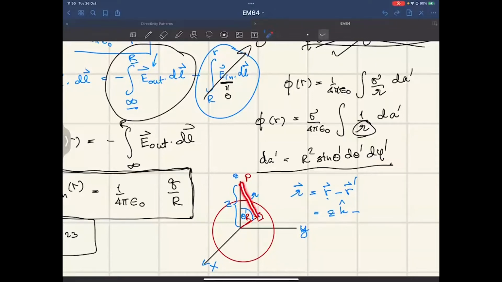We don't need to use this at all. We can use the cosine law here. We know the angle, this one. Okay, and we want to find the size of R here, and it's equal to what? This thing is r, right? R squared plus z squared minus 2 r z cosine theta prime.